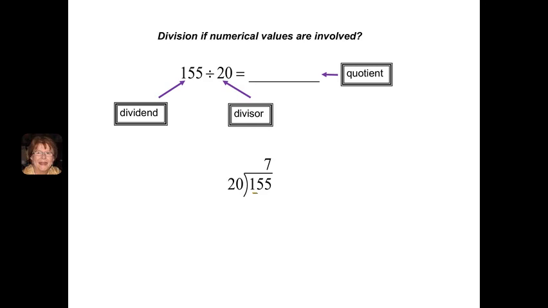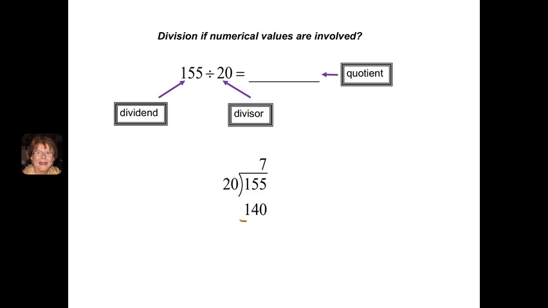You looked at your first two digits here and you divided by 2. 15 divided by 2 is 7. Then what did you do? You took that 7 and you multiplied by 20. So remember, you divided and then you multiplied. When you multiplied the 7 by 20, that gave you 140.